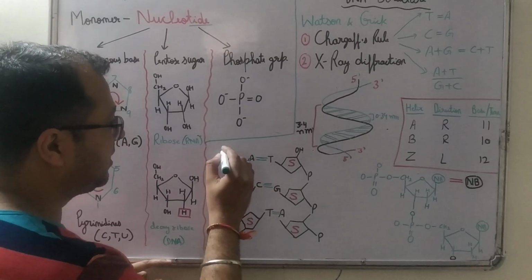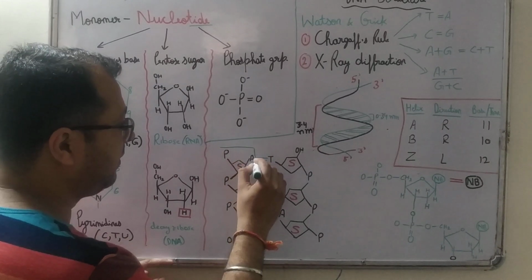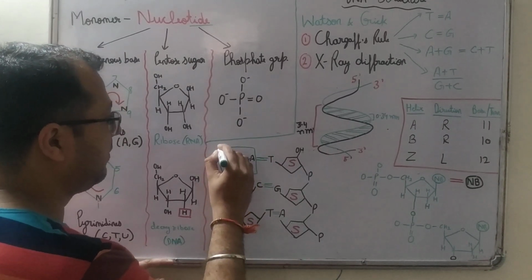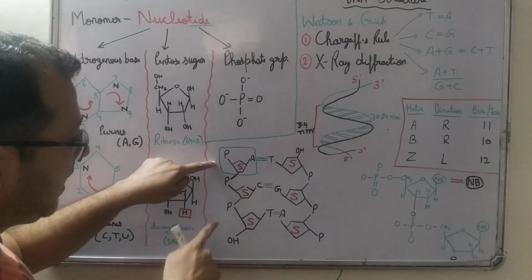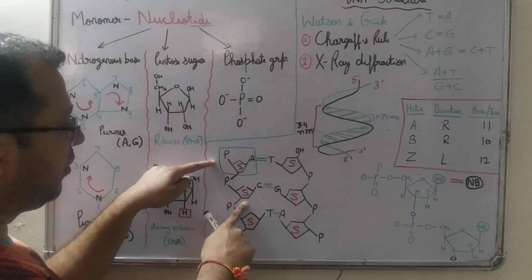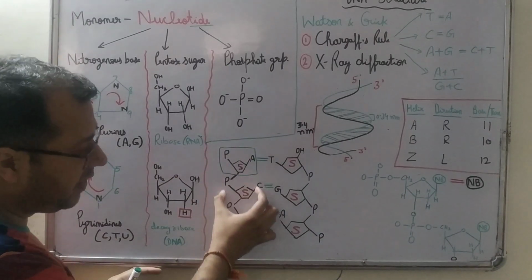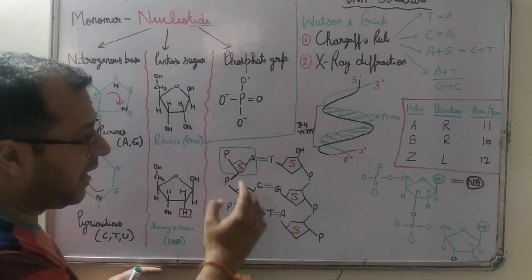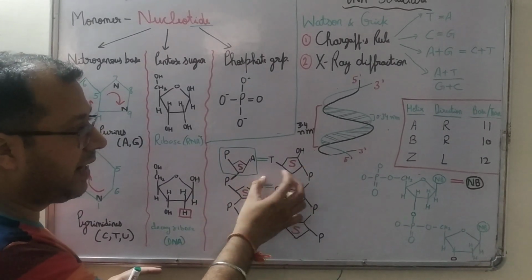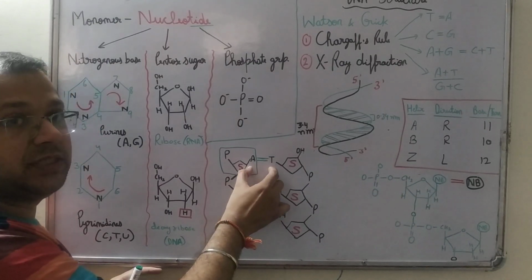This complete thing makes one nucleotide, and this nucleotide is attached to the next nucleotide with the help of phosphodiester bond. In this way, different nucleotides run in a single strand, attached to the complementary strand with the help of hydrogen bonds between the nitrogenous bases.